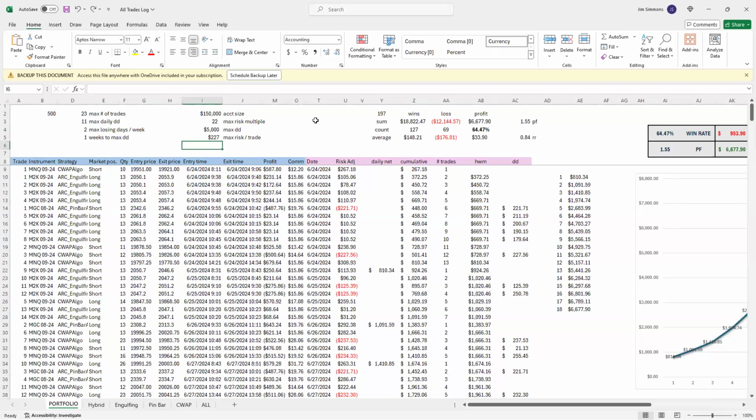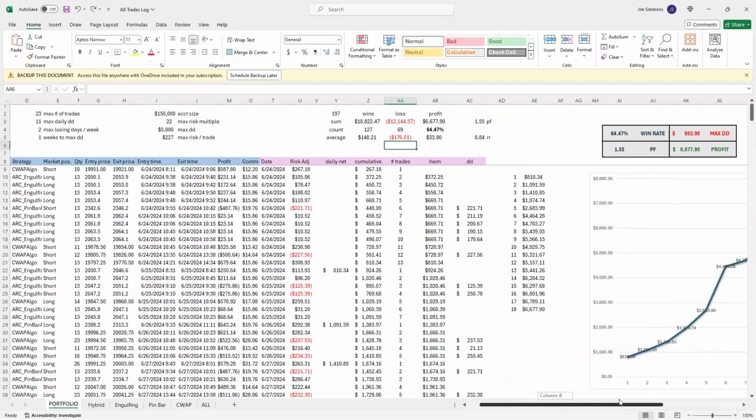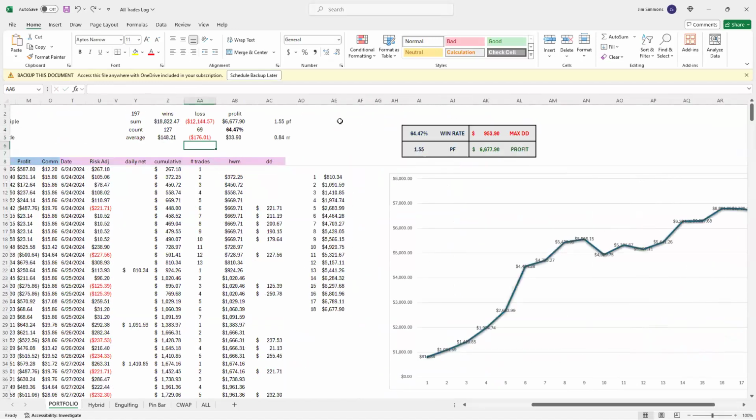Now, the fact is you need to know, well, this is 3 algos. Your average win is 148. Average loss is 176. Average trade, about $33 per trade.